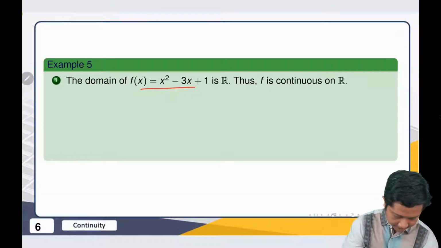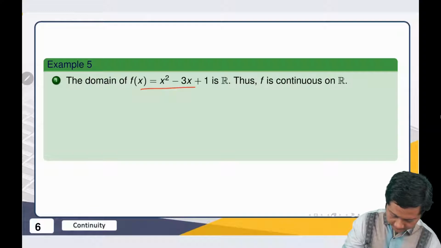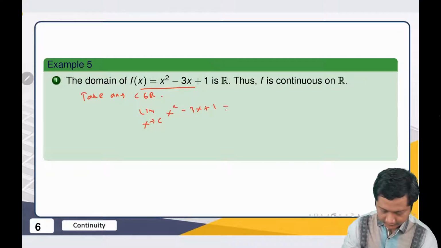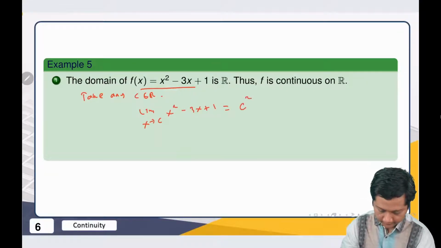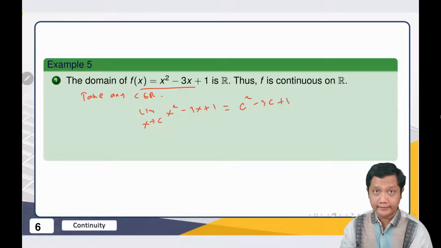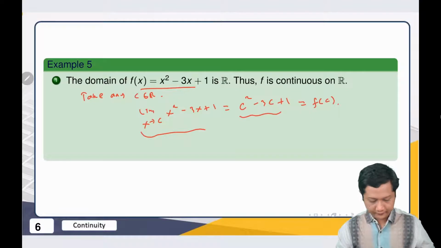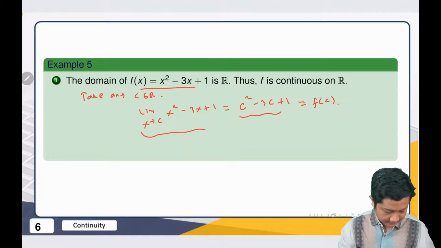Because if we take any c in R, we know that the limit as x approaches c of x^2 + 3x + 1 will be equal to c^2 + 3c + 1. You can check with the properties of limits here. This one should be clear, and this one is f(c). That's why f is continuous on R.